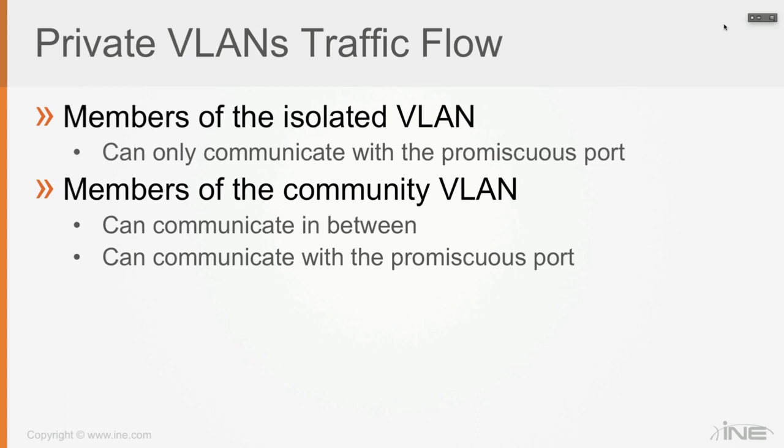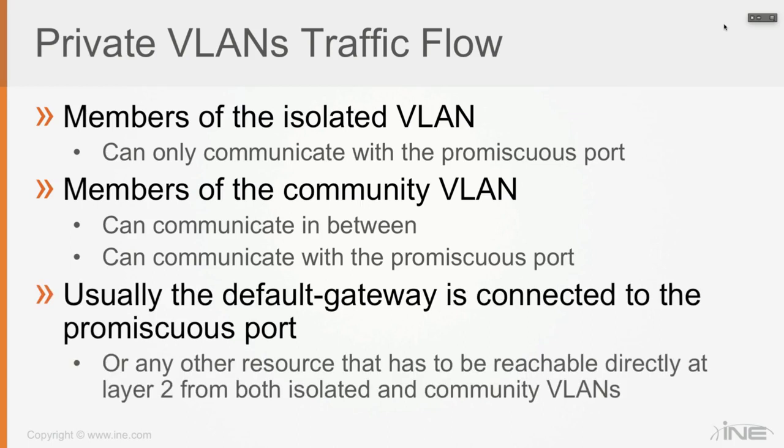Also, members of the community VLAN can communicate with the promiscuous port, which means that usually the default gateway is going to be connected to the promiscuous port, because we want members of the isolated VLAN and of the community VLAN to speak with it.